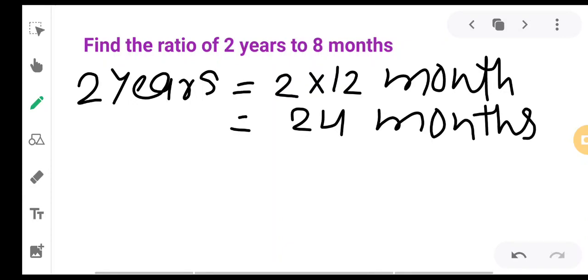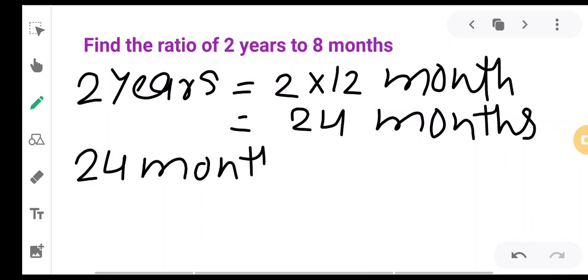Now students, you know very well that both units are the same. Now we find the ratio of 24 months to 8 months.